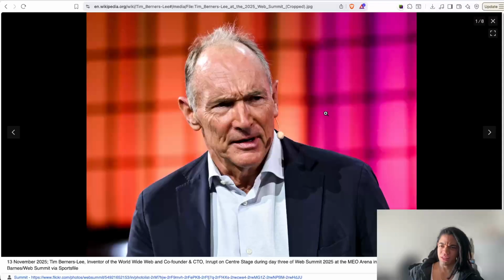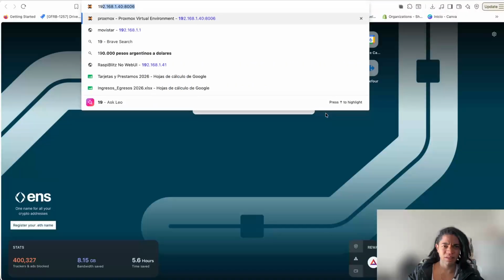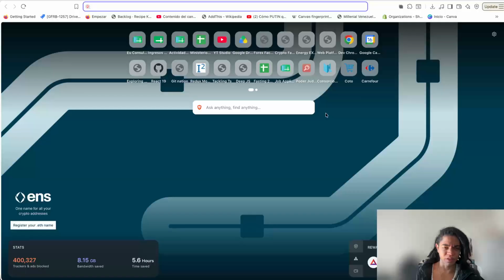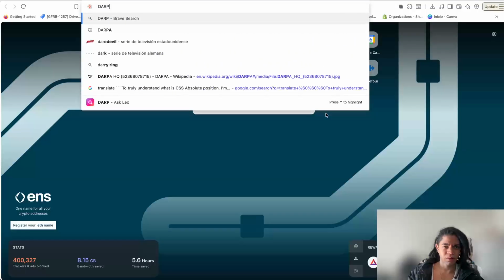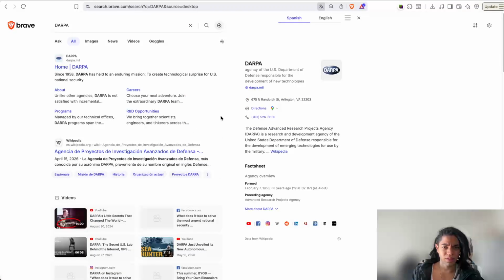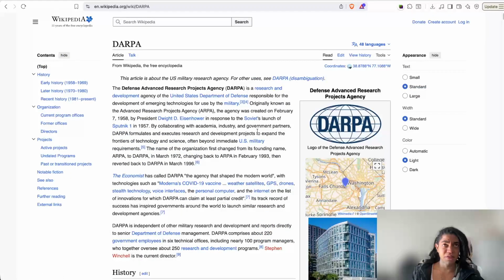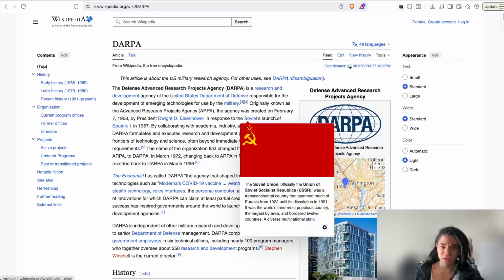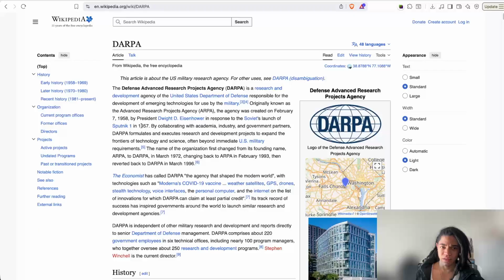That was DARPA in 1957, exactly, in 1957, right, as a response to the Soviet Sputnik 1 in 1957, right?